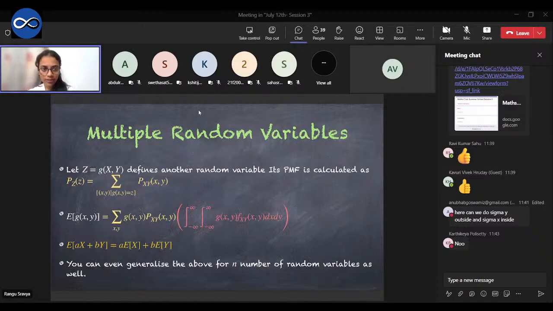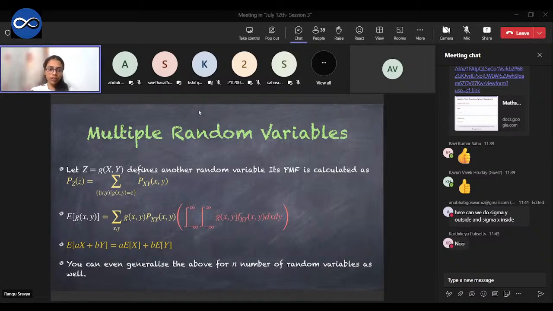Let us look at some more things regarding multiple random variables. If Z equal to g of x comma y defines another random variable, its PMF is calculated as pz of z is equal to the sum over x comma y such that g of x comma y is equal to z of pxy of x comma y.